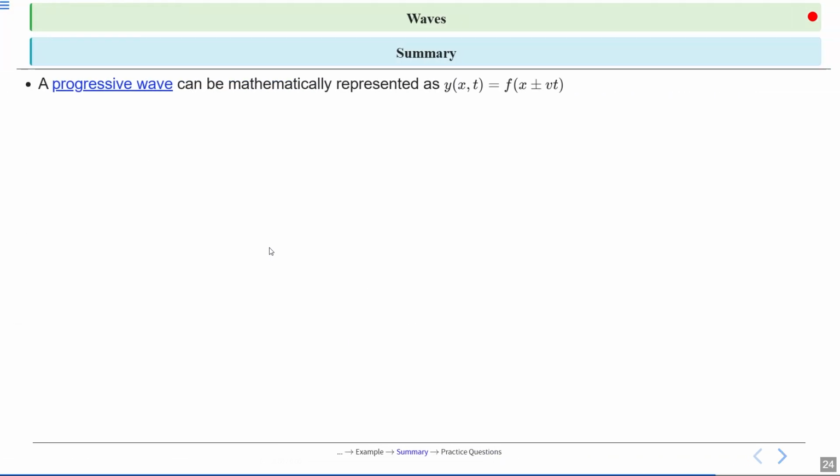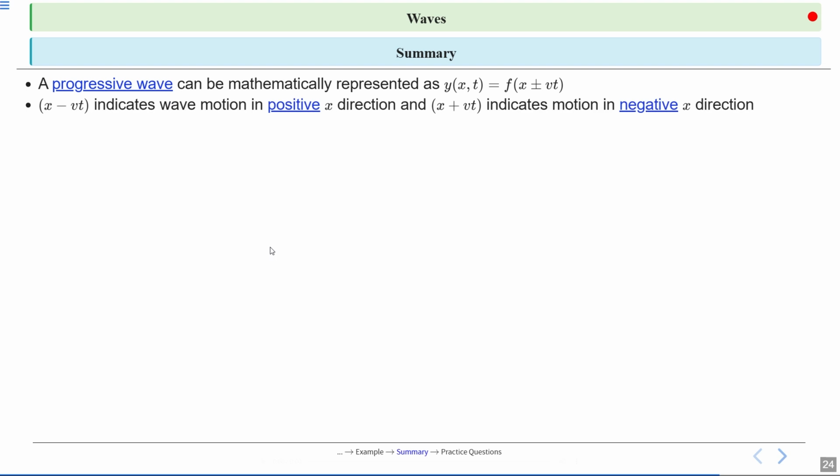Let's summarize what we have studied so far in this lecture. A progressive wave can be mathematically represented as y of x, t equal to f of x plus or minus vt. x minus vt indicates wave motion in the positive x direction and x plus vt indicates motion in the negative x direction.